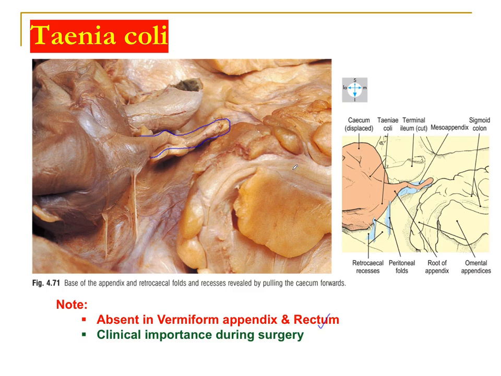To identify the tinea coli you can easily see this glittering structure. This one is the cecum. You can easily identify the longitudinal muscle band, the tinea coli, by the glittering, and that is absent here in the appendix region.